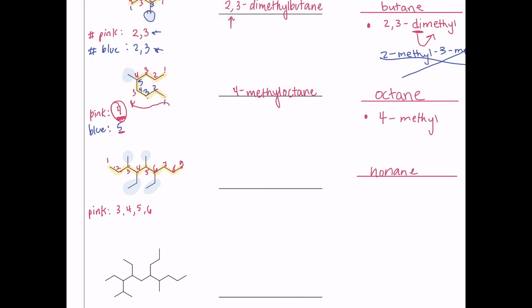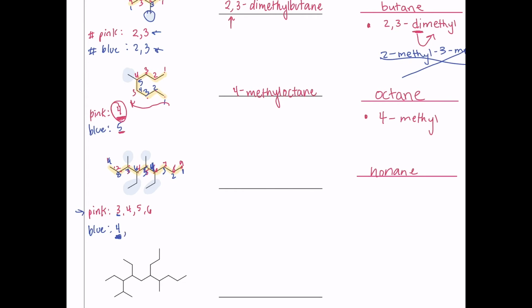All right, so if we number it the blue way, where this is 1, 2, 3, 4, 5, 6, 7, 8, 9. So then we'll have a substituent on 4. Now automatically, since 4 is where the first substituent will be, and 4 is greater than 3, right now I know that I'm going to use the pink numbering system. But I'll just keep going.